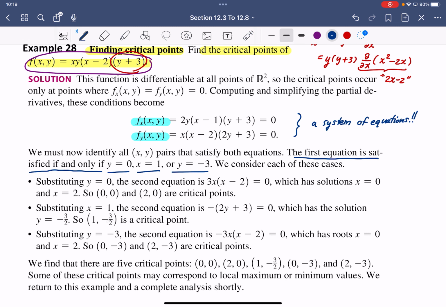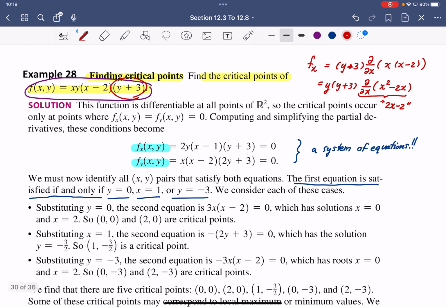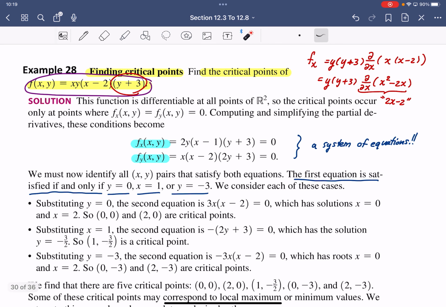Pull out y, okay. And then for this equation, you just solve for the roots. So it's going to be y equal to 0, x equal to 1, and y equal to -3, right? So you solve, and solve.